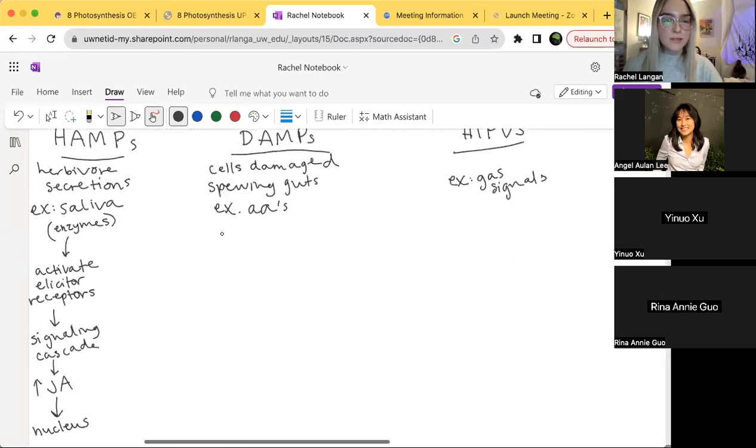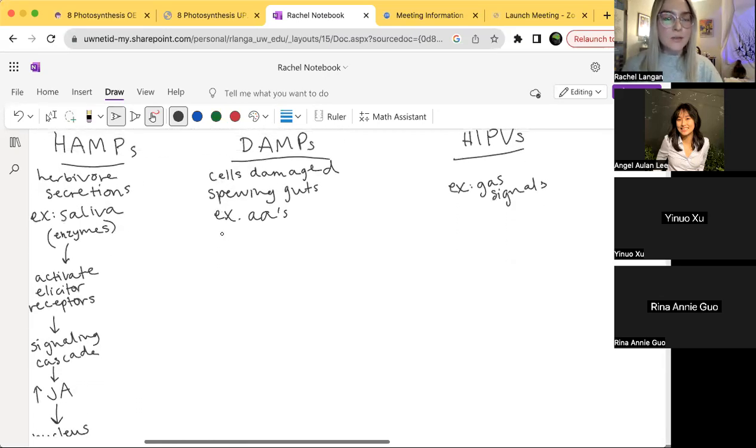So that's one signaling pathway that you should know. What about the DAMPs? So this is responses not to the saliva of herbivores or some kind of secretion that they do, but to a cell actually breaking open. And the example would be amino acids. So it's actually going to be the exact same.